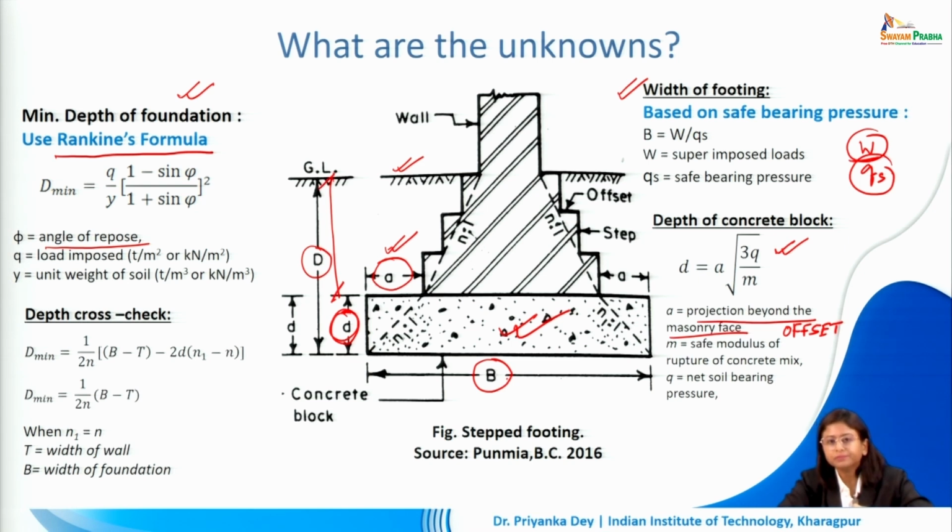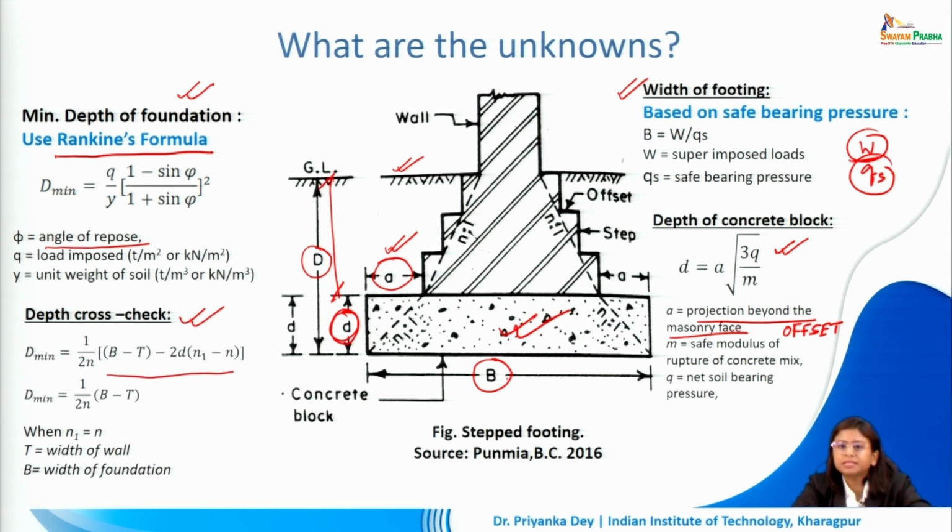Once that is done, we should do a quick check to ensure that based on the angle of load transfer, whether the depth that we have designed is correct or not, it is safe or not. So the formula for that is given below.